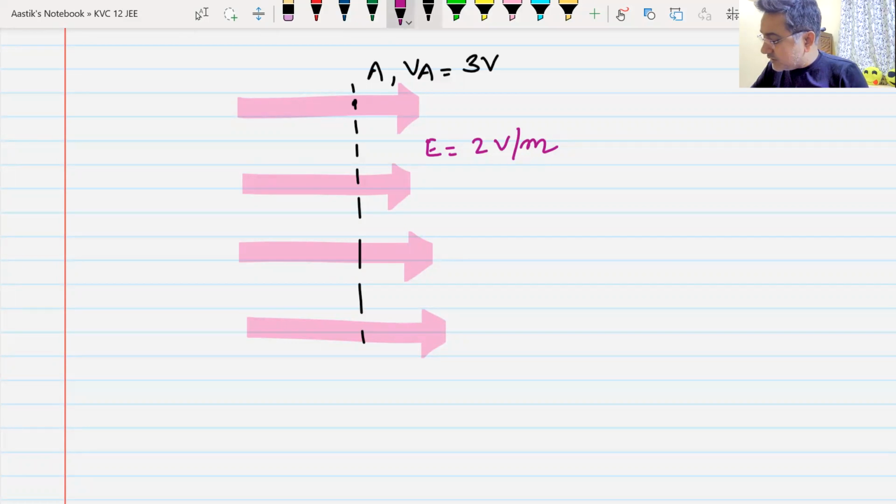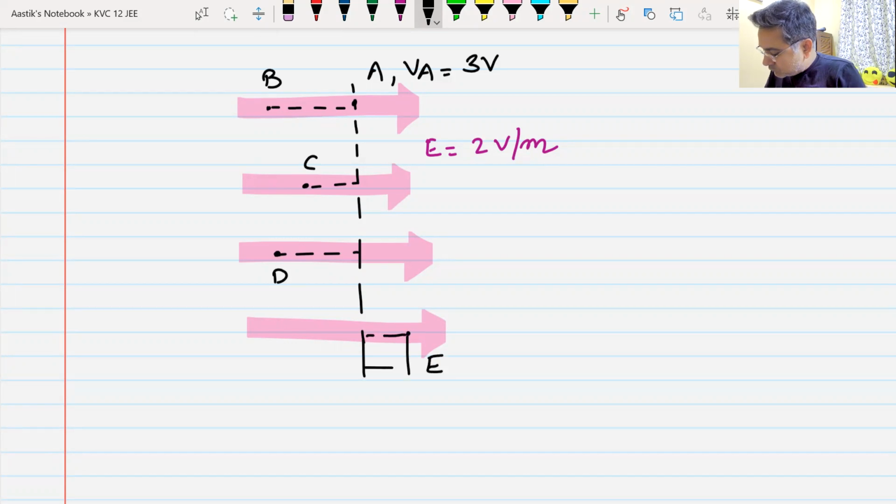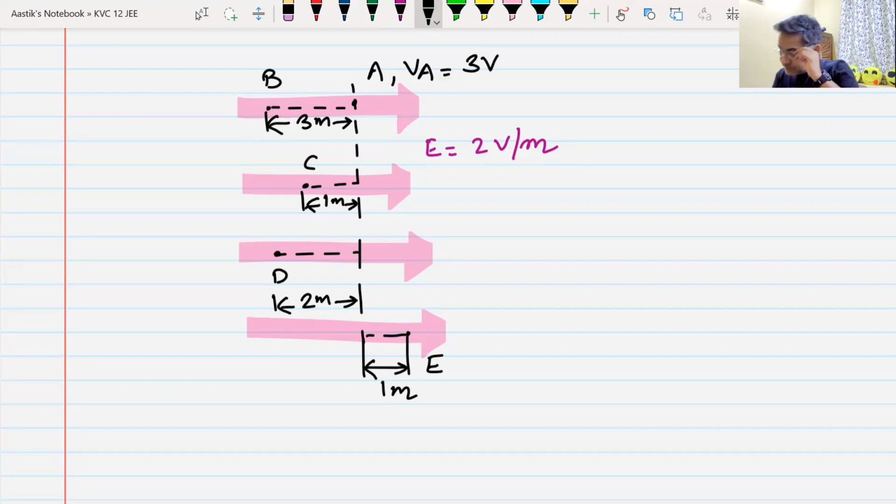Okay, then this is the next question that I am trying to frame. Potential of point A is given as 3 volts.